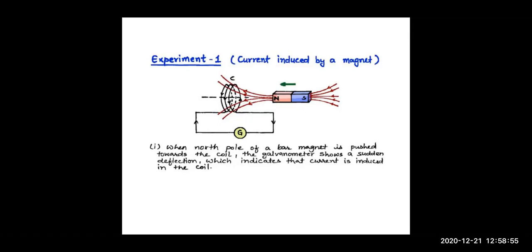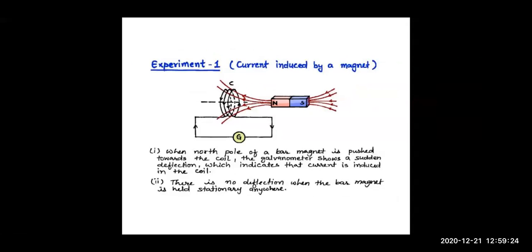Here the north pole of a bar magnet is pushed towards the coil. So what do we see? It was seen that the galvanometer showed a momentary deflection. Right? It deflected once. It indicates that current is produced in the coil because of the movement of the bar magnet.